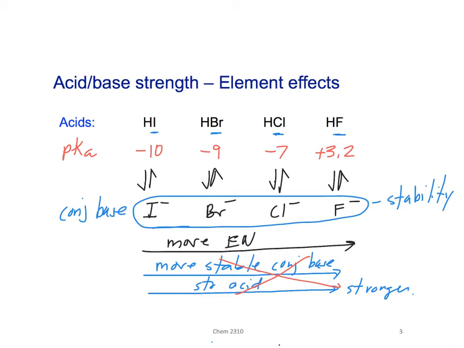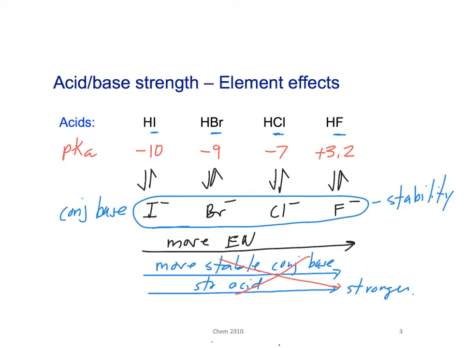So what other quality or characteristic of these halogens changes as we go from iodide to fluoride, right? We looked at electronegativity, but that didn't explain our observation of acid strength. So what else changes? Another thing that changes is the actual atomic size.